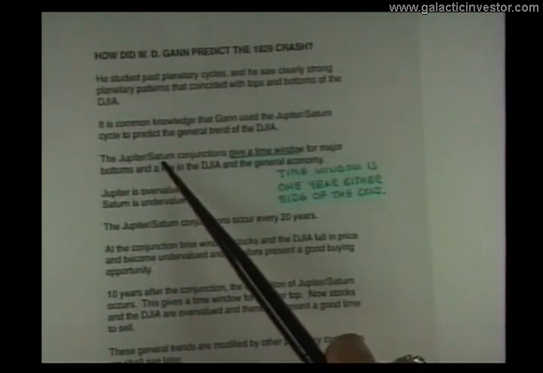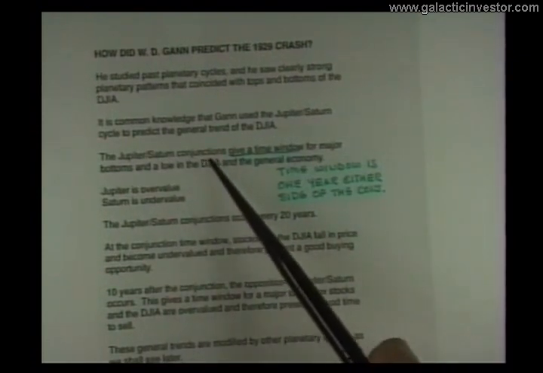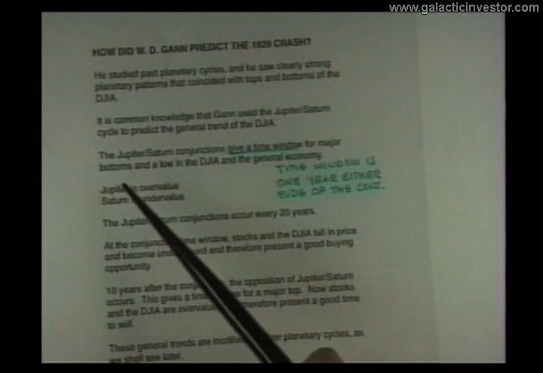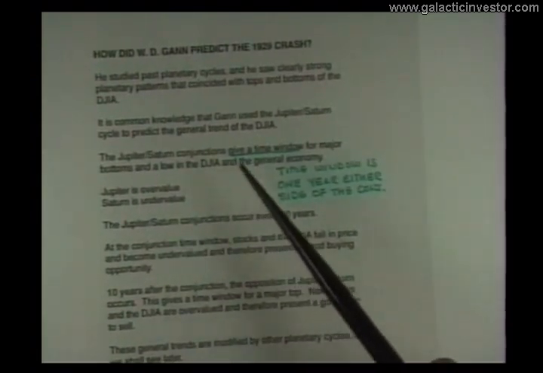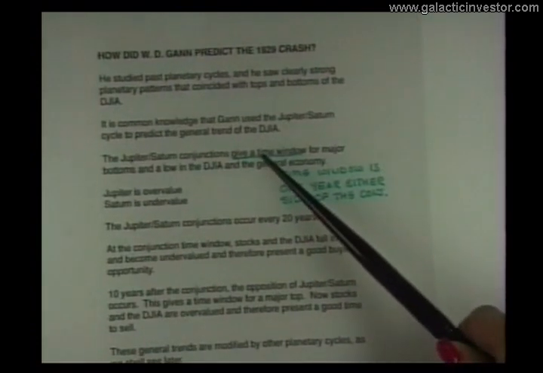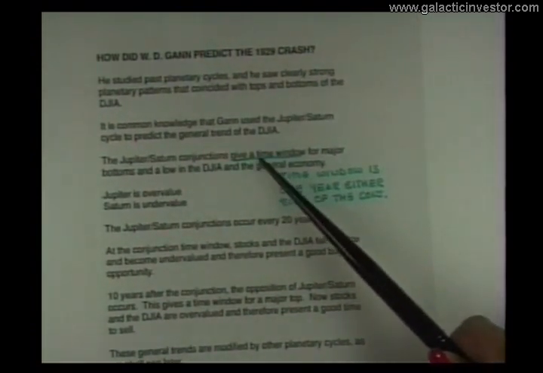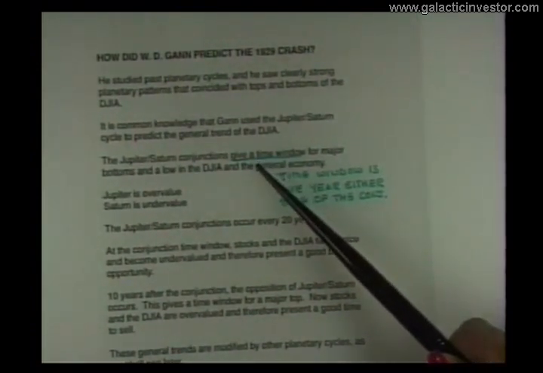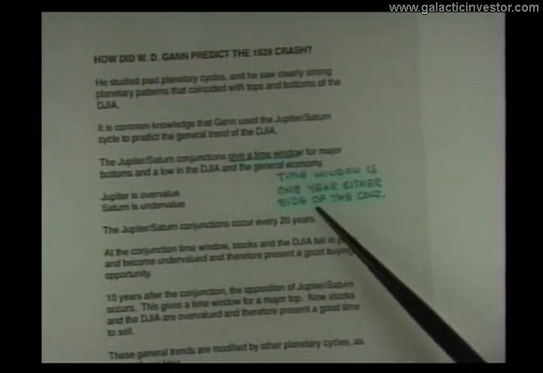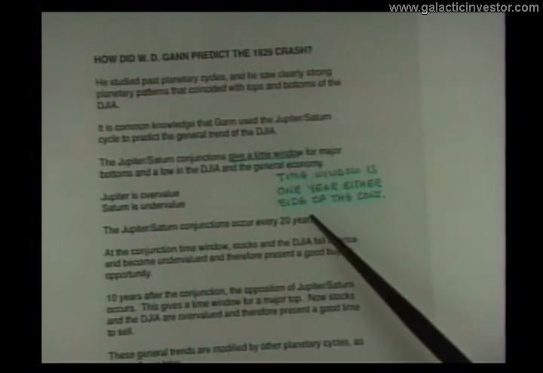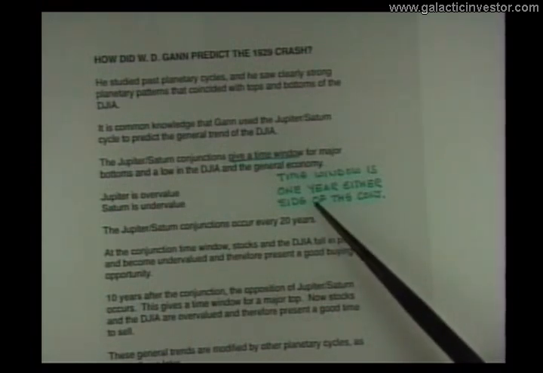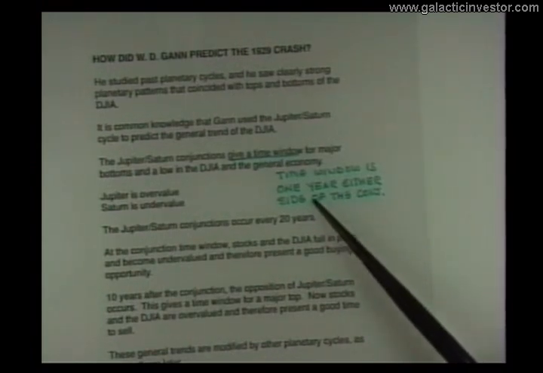He used these conjunctions because he knew these conjunctions gave a time window for major bottoms in the Dow Jones. So if you're looking at the major time window for this long-term cycle, because the conjunctions occur every 20 years, the time window on this is 1 year either side of the conjunction. It's not right on it, but it's 1 year either side. So within 1 year either side of the conjunction, you're going to see a major low of the market.